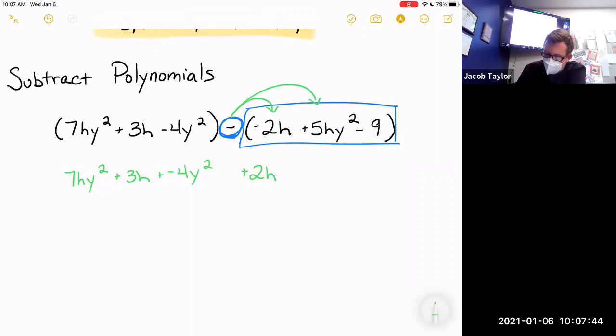So that's going to be plus negative 5hy squared. Anytime you have a minus, you change it to adding the opposite. So minus negative 9 is going to be plus positive 9. And that is the trickiest part of all of this, is remembering to subtract everything in that second set of parentheses.